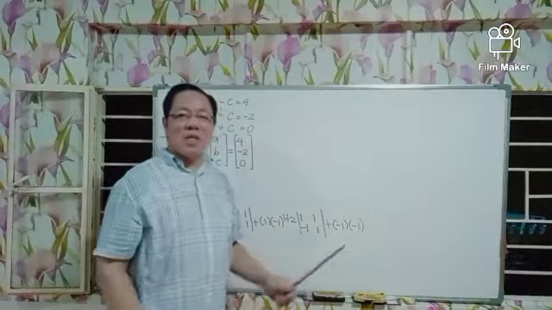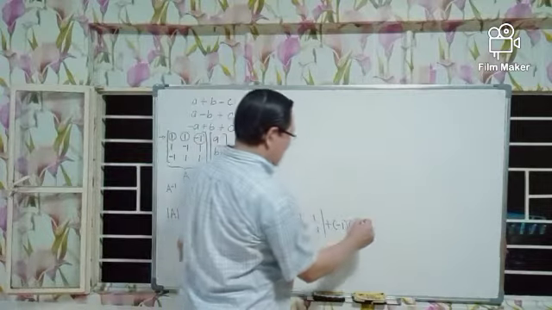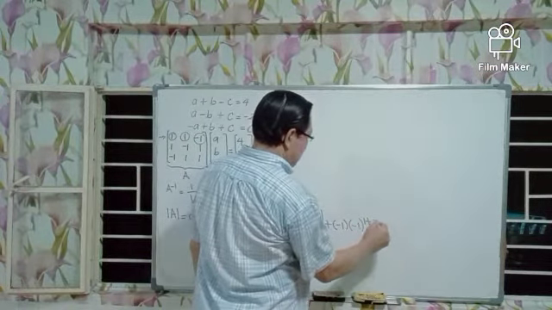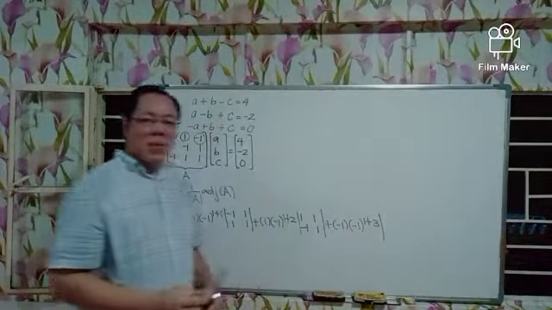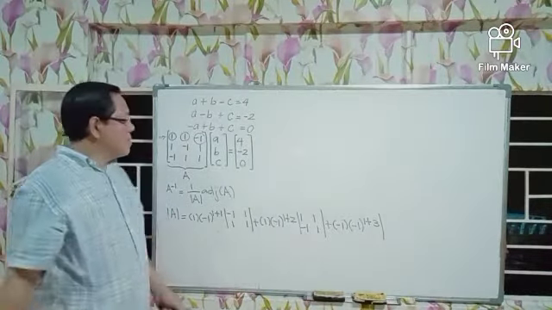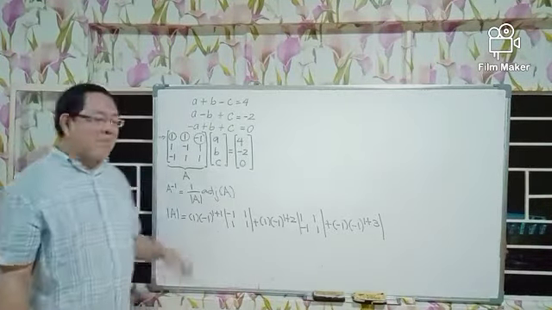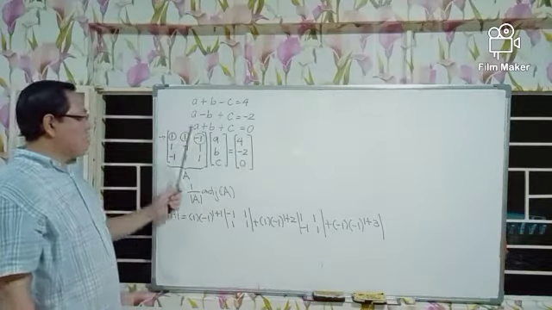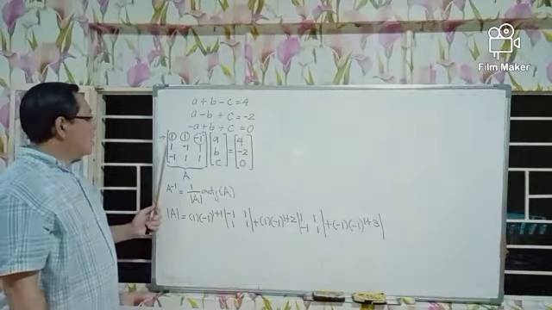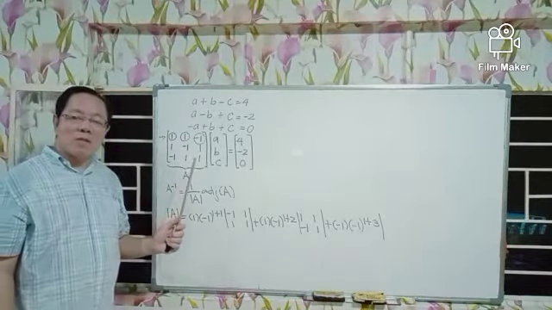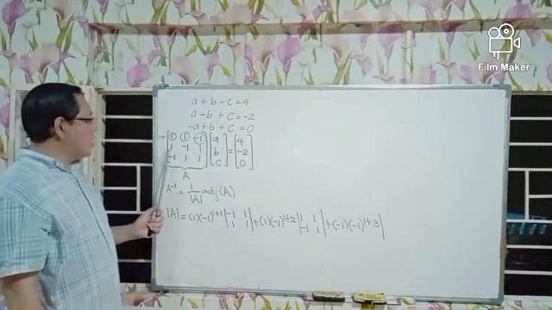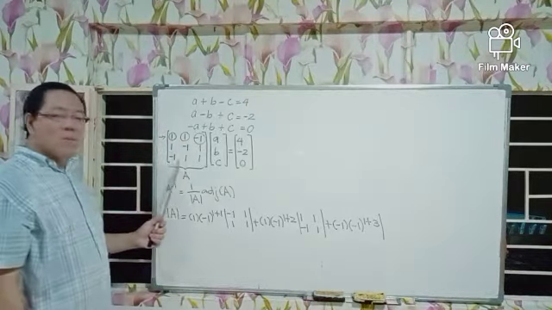Hence, -1 raised to 1 plus 3, multiplied by the determinant that remains after deleting the first row and the third column. We have a 2 by 2 determinant with entries 1, -1, -1, 1.